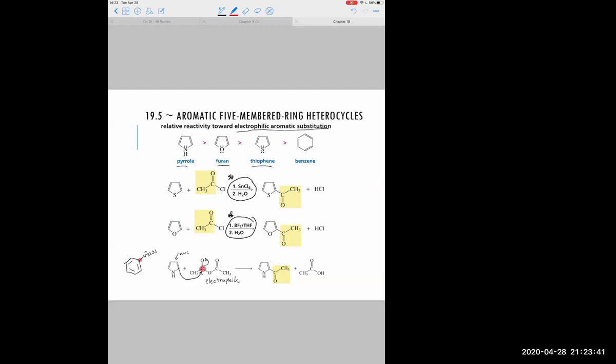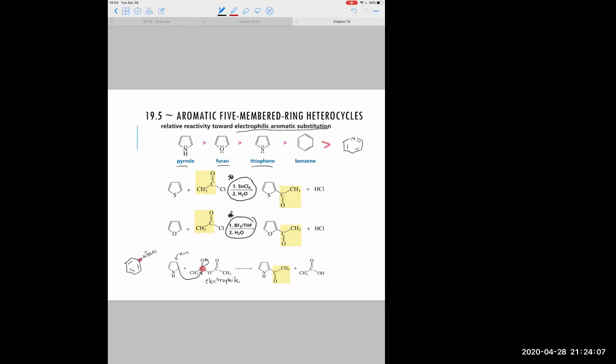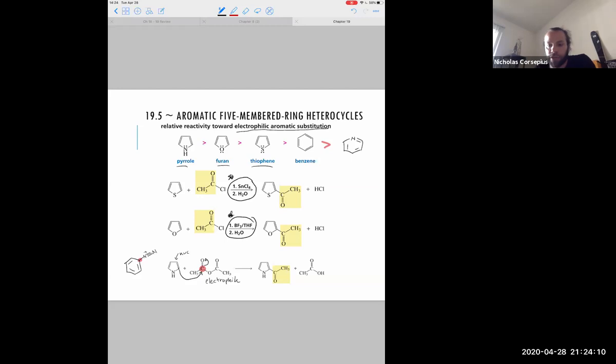Okay, and pyridine is even more reactive than pyrrole in regards to EAS? No. Pyridine is less reactive with regards to EAS, more reactive with regards to NAS, nucleophilic aromatic substitutions. So if we were going to put pyridine in our little chart here, pyridine's actually over here. Even to brominate it, you need not only your catalyst but also extreme temperatures to get it to behave as a nucleophile.